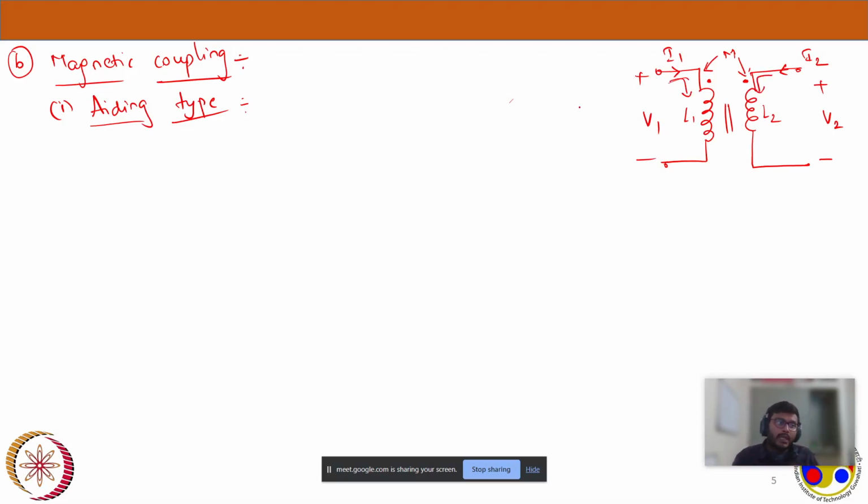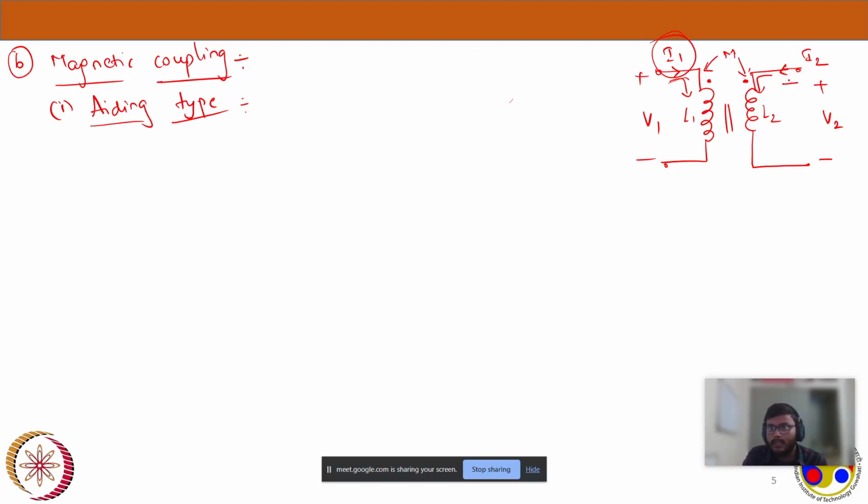Now, if you remember that point, if a current enters the dotted terminal, the induced voltage in each coil will have the positive polarity at the dotted terminal. First we will look at the induced voltage due to I1. Due to this I1, voltage will be induced at the secondary coil where the positive polarity will be at the dot.